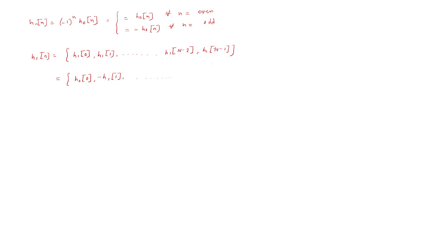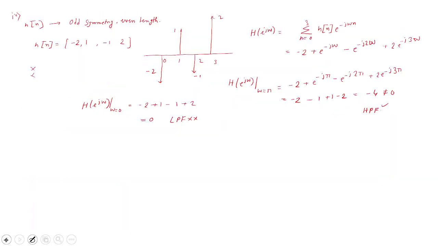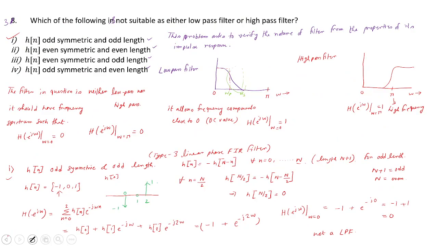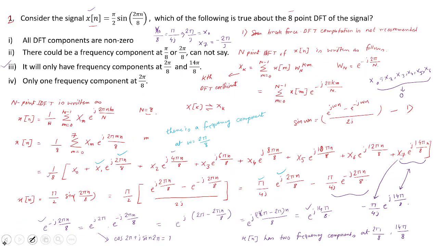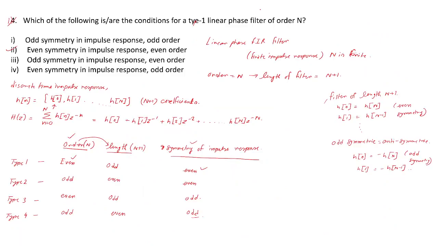By the way, let me show you the type 1 here. You see, for type 1 you have even symmetry and order is even, therefore your length is odd.